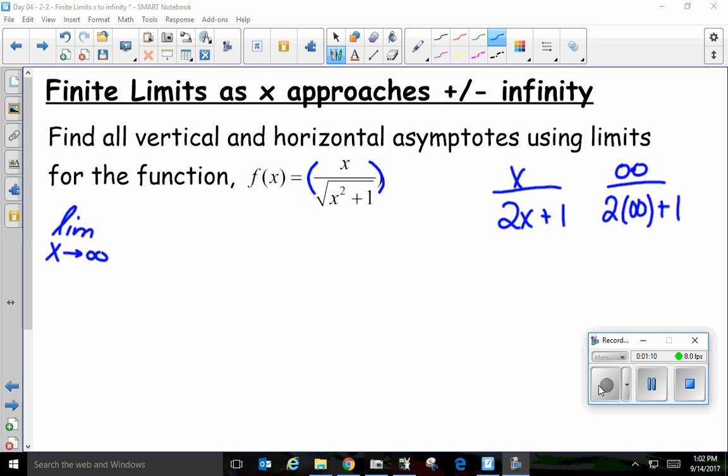Does it matter? Infinity is so large. If I add 1 to it, it really doesn't matter, does it? So you just keep the biggest term on the top and bottom and you can simplify, right? This cancels with this and I end up with 1/2.